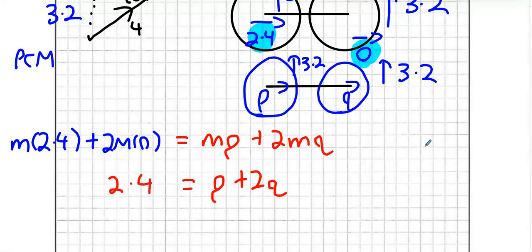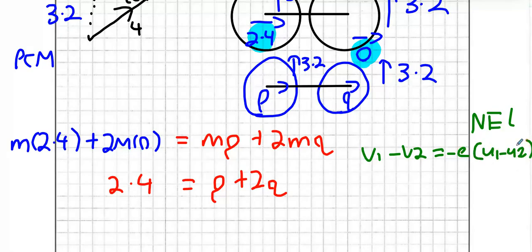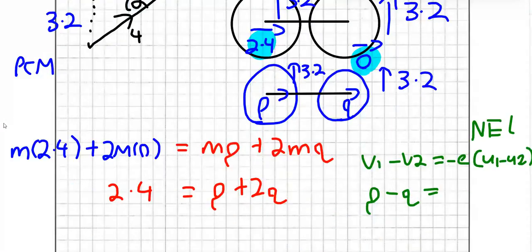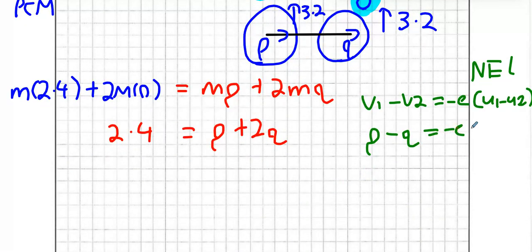Next we're going to do NEL, Newton's experimental law, where V1 take V2 equals minus E into U1 minus U2. So P minus Q is in fact the same thing as what? Do we have an E value? We do not have an E value. And what's U1 take U2? Yeah, 2.4 take away 0, is it?